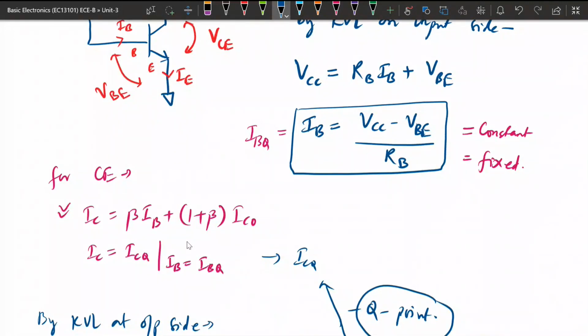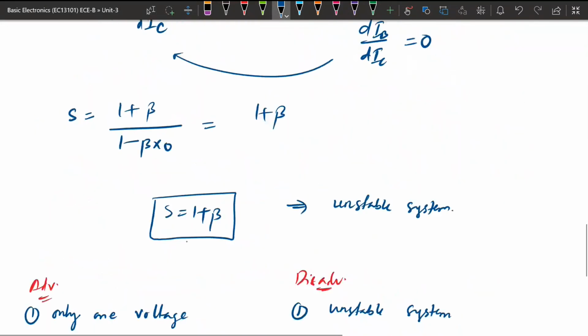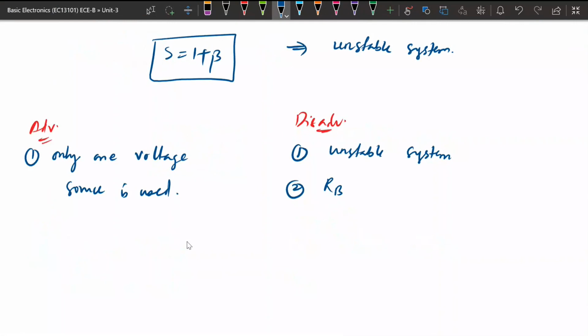So to provide IB in microamperes, because IB is generally in microamperes, the RB value should be very high. Okay, so we need to have a high RB value. This is the disadvantage in case of this fixed bias circuit. So this is all about the fixed bias circuit.